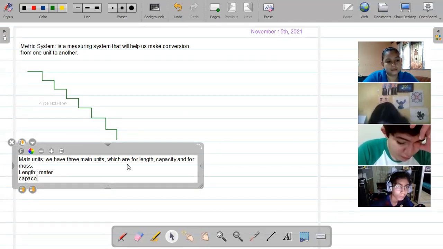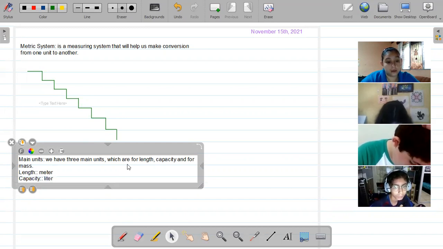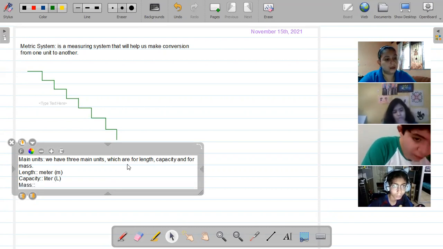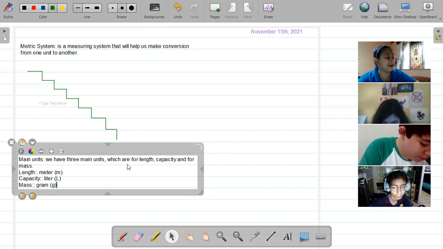For capacity, it is the liter. And we're going to abbreviate it, meter with a small m and liter with a capital L. Meter is m, liter is L, that's for capacity. And for mass, in the metric system, it is the gram. And we're going to abbreviate it with a small g, lowercase g. Those are the main units.